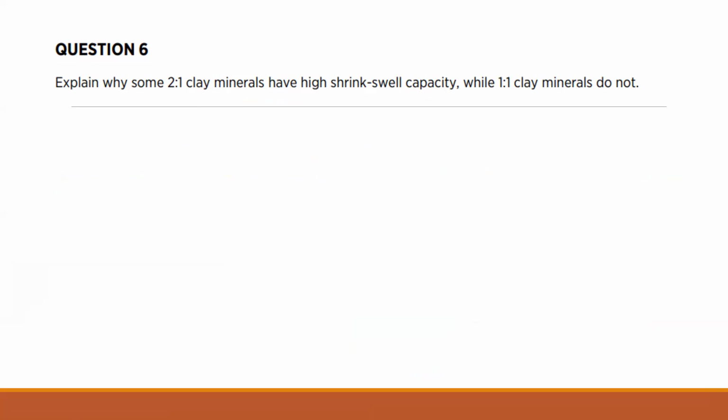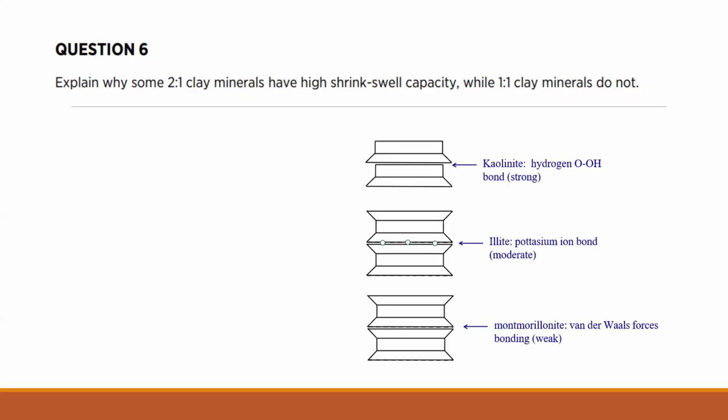Sixth question, explain why some 2-to-1 clay minerals have high shrink-swell capacity while 1-to-1 clay minerals do not. I hope you remember the sheets. 1-to-1 means you have gibbsite and silica sheets, 1 and 1. And 2-to-1 has 2 silica sheets and 1 gibbsite sheet.